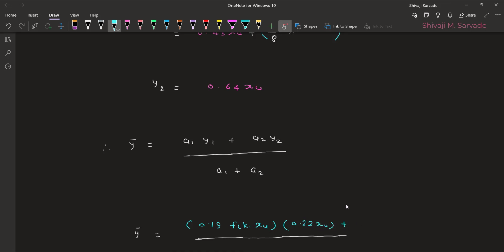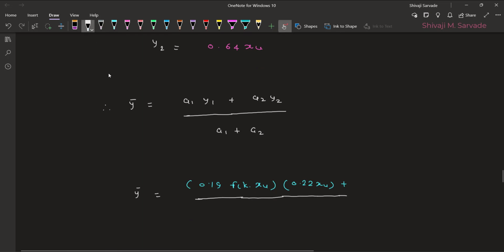Plus A2Y2: A2 would be 0.17 FCK into XU, and Y2 is 0.64 XU.